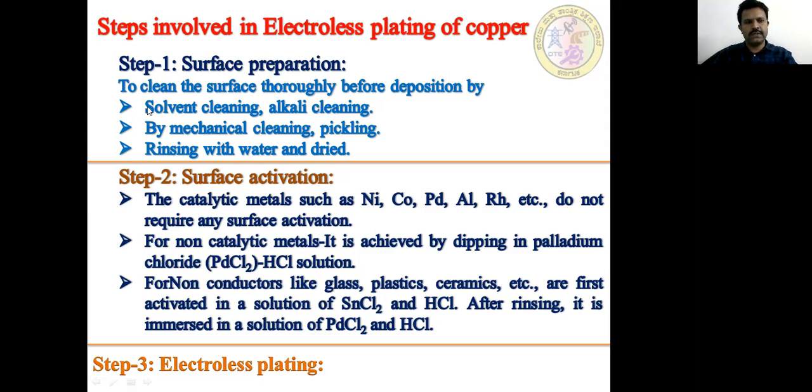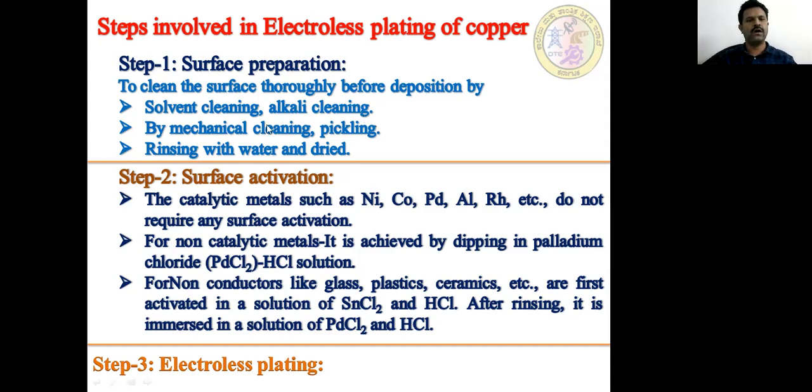Under these conditions, we can remove any oil, grease materials or any organic impurities present on the surface of the substrate. Afterwards, that substrate is washed by dipping in dilute acids. It is to remove any inorganic oxides present on the surface of the substrate.